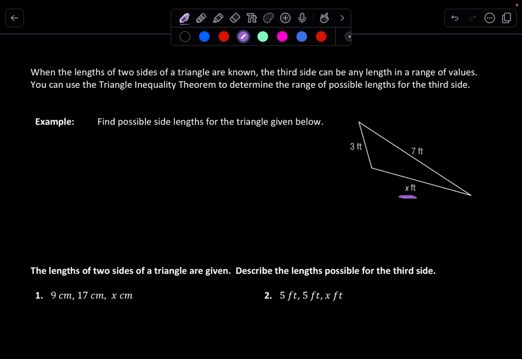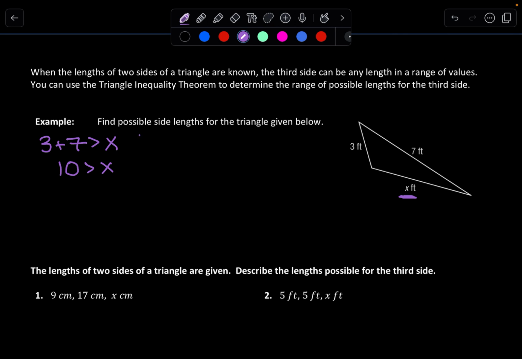It wants to know what x could be between in order for this to be a possible triangle. If I add two of my sides together, 3 plus 7, that has to be bigger than my third side, which is just x. That just means that 10 has to be bigger than x, so I'm looking for anything that's smaller than 10.